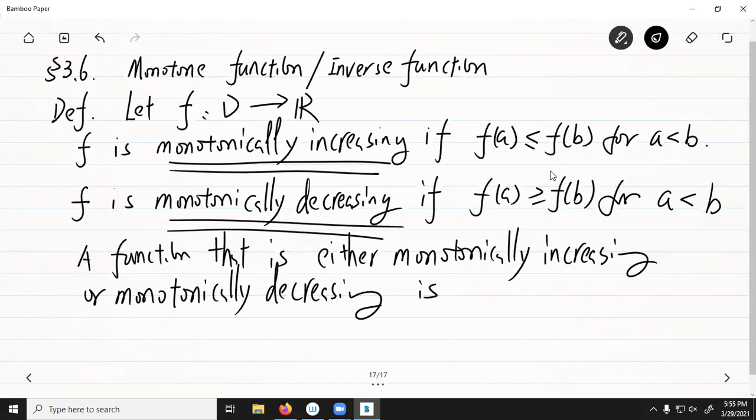This function is said to be monotone. This kind of function is called a monotone function, which is either monotonically increasing or monotonically decreasing. It's called a monotone function.